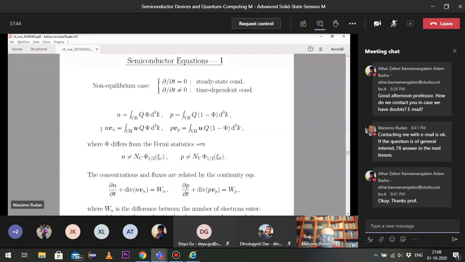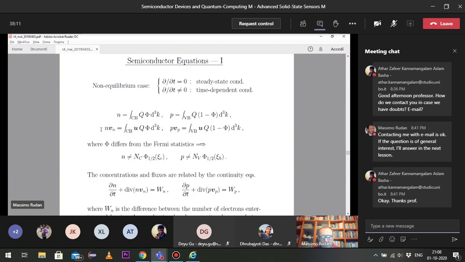What happens in this case? The first issue is to try to separate as much as possible the expressions related to the conduction band from the expressions related to the valence band.